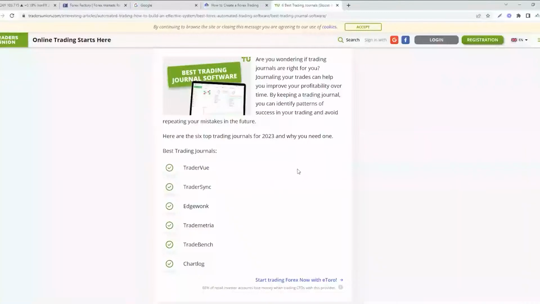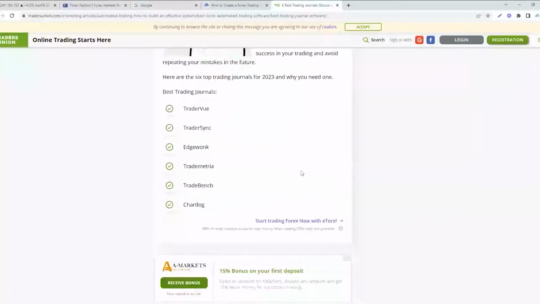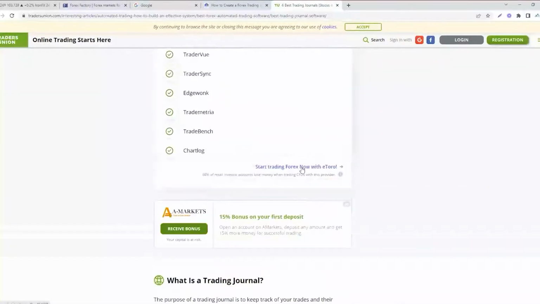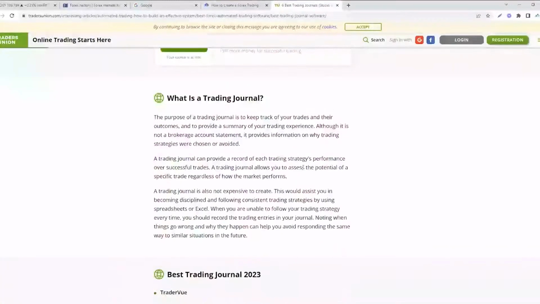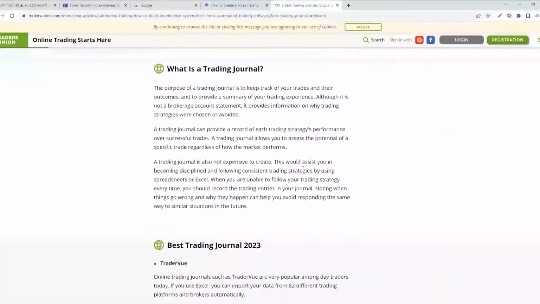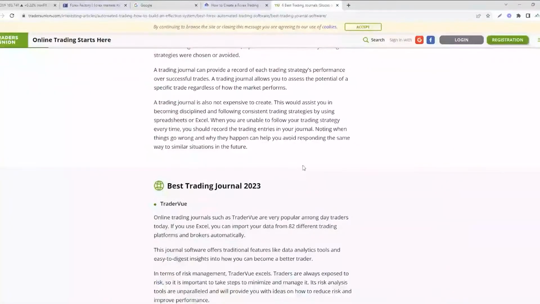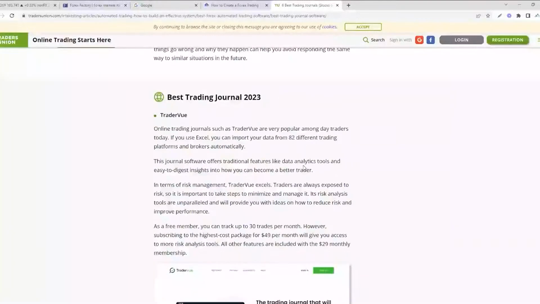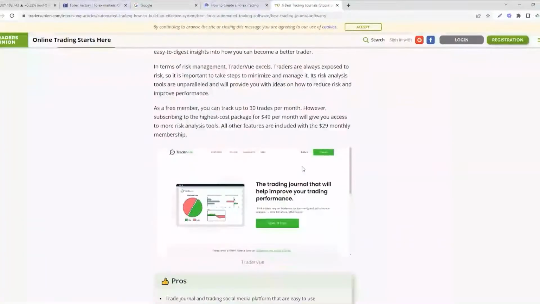Of course, you're free to Google and do your own research and try and find the right trading journal for yourself. But this is just an example of what is currently available in the market, and you can look through this website, and of course Google for other websites as well to find out what they are offering and how you can incorporate it with your broker as well.